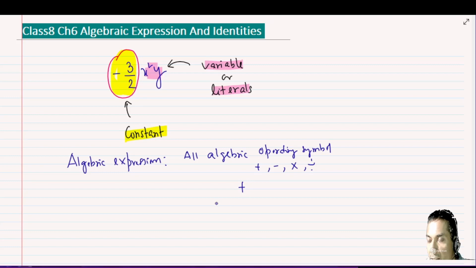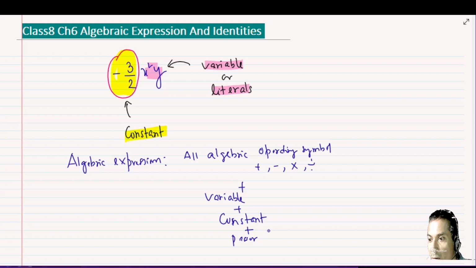And second, it consists of the variable, and third is consist of the constant, and fourth is the power.